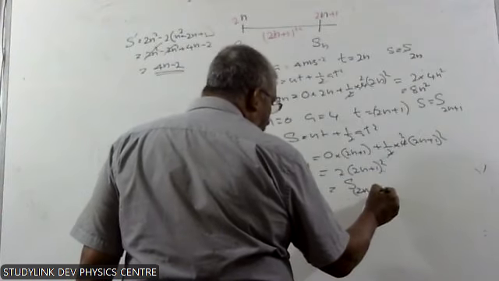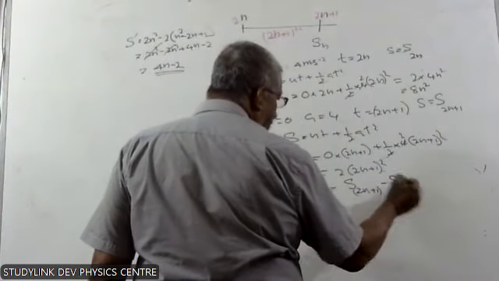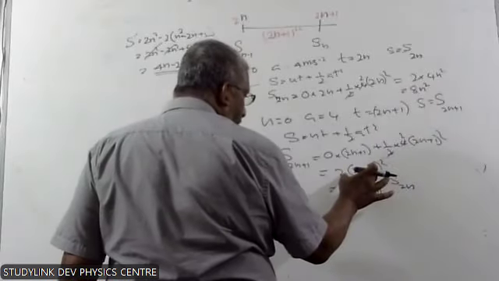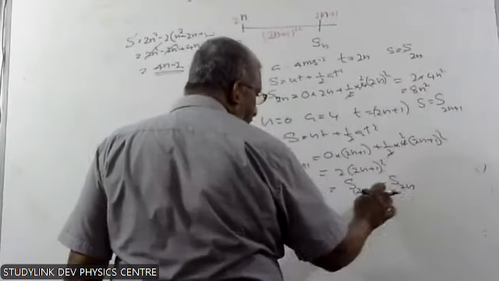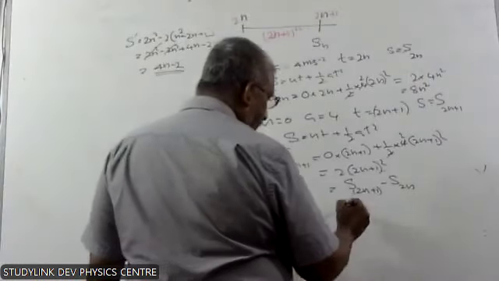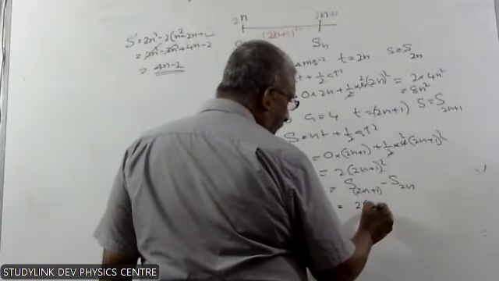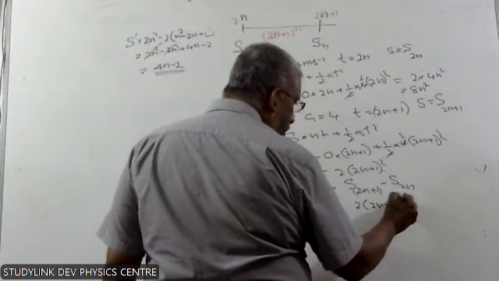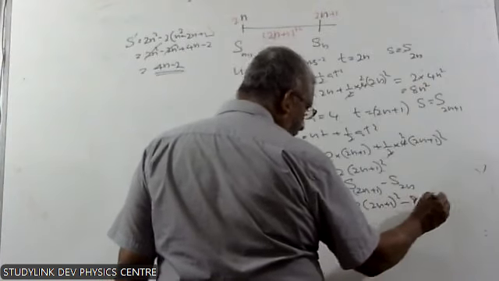Then after that, the distance it travels in the 2n plus 1 second is the S(2n+1) value minus S2n. That means this should be written first, then 8n squared, and get the difference. If you want, I'll write it. So that is equal to 2 times (2n plus 1) whole thing squared minus 8n squared.